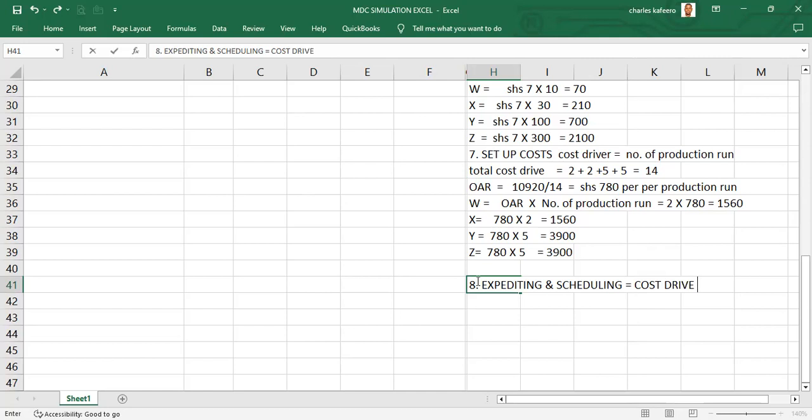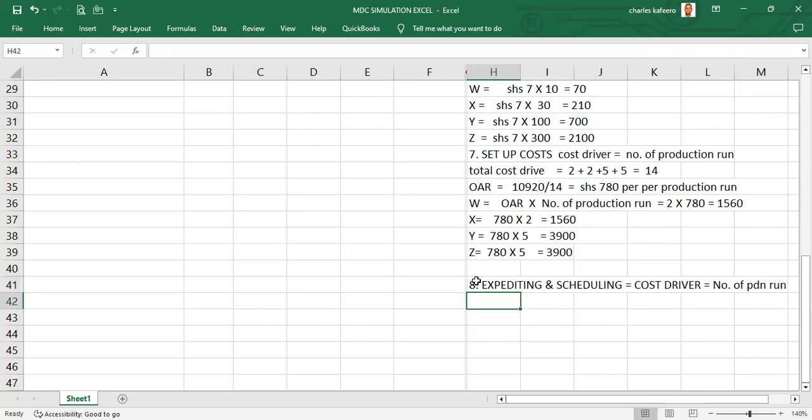These are the steps that we spoke about. And the cost driver here is also going to be number of production runs, because that's the only thing that we have for scheduling. But we said to determine this, you will always use judgment. You see the best or the appropriate cost driver, it's the one that we use.